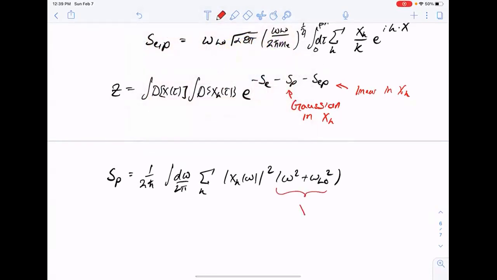And we would recognize this then as our little chi function, now written in frequency. If I pull this factor of h bar out, I have 1 over h bar omega squared plus omega LO squared.